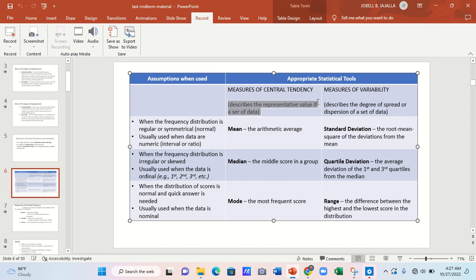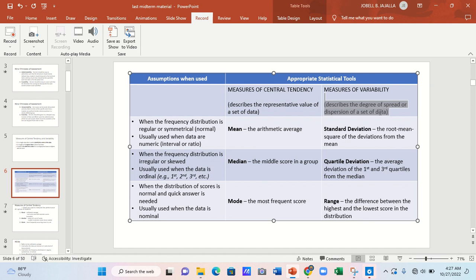So what is the representative value of a set of data, or the centeredness, so to speak. Now, in measures of variability, we are describing the degree of spread or dispersion of a set of data.